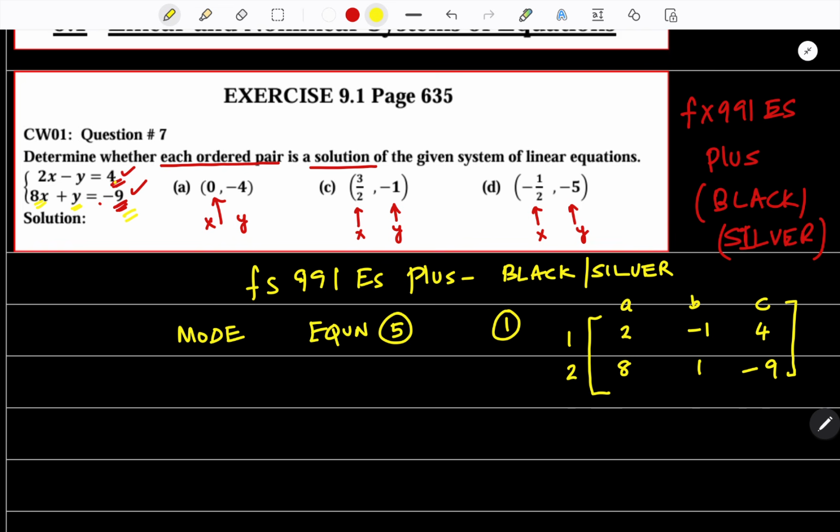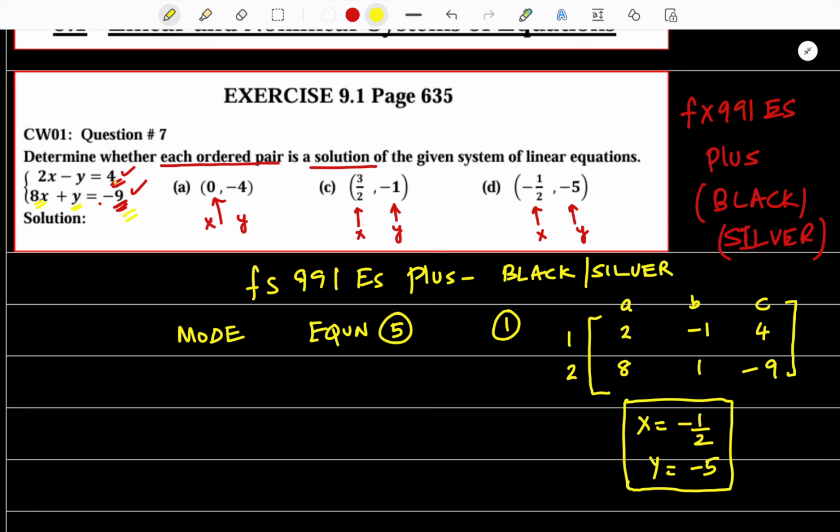2 press equal, -1 press equal, 4 press equal, 8 press equal, 1 press equal, -9 press equal, again press equal. You will get the answer x is equal to -12 and y is equal to -5 from the calculator. So before starting your exercise, make sure which one is the correct answer from the calculator.